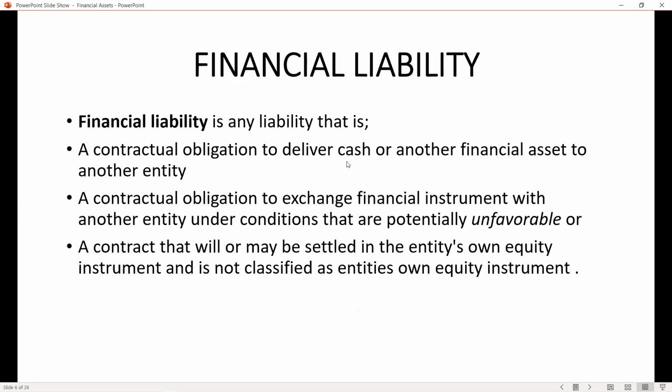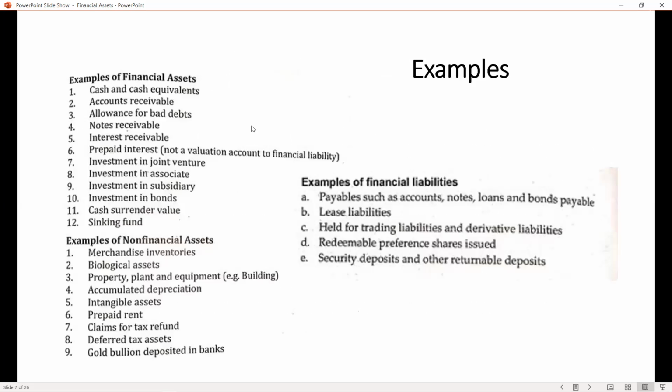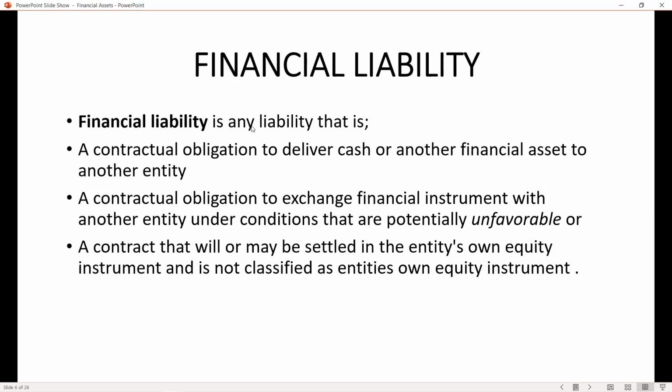So next is the financial liability. A financial liability is any liability that is a contractual obligation to deliver cash or another financial asset to another entity, a contractual obligation to exchange financial instruments with another entity under conditions that are potentially unfavorable, or a contract that will or may be settled in the entity's own equity instrument and is not classified as the entity's own equity instrument.